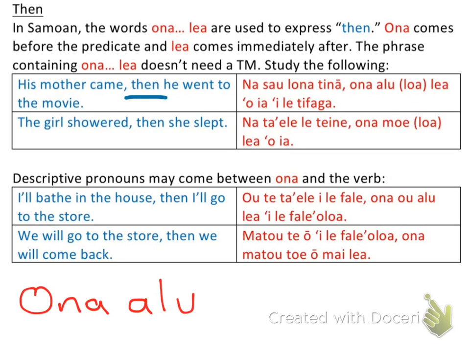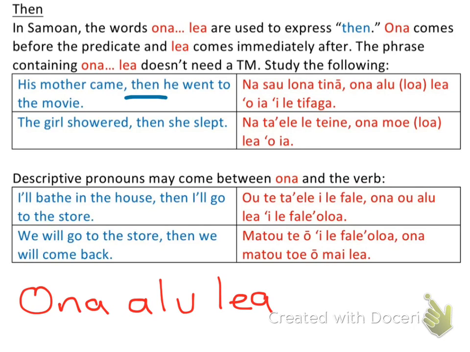It doesn't really matter, but if you did put loa, it needs to go right after the alu because this is a verb and this is an adverb. Adverbs normally, with the 3 exceptions, follow their verb. So in that case, you'd have a predicate phrase if you did the loa because you have a verb and an adverb. But let's not put that on.